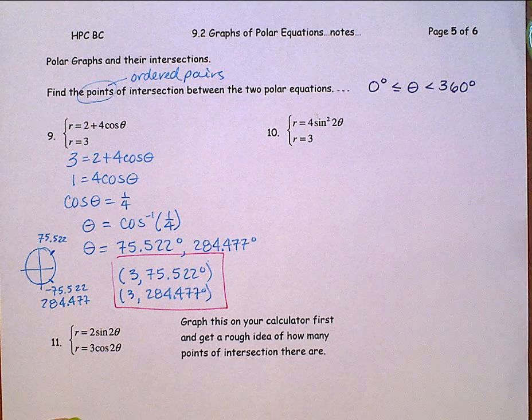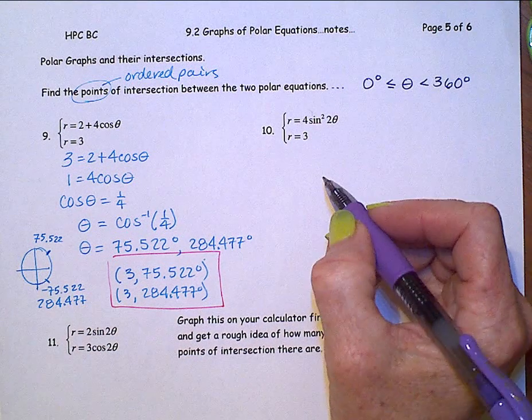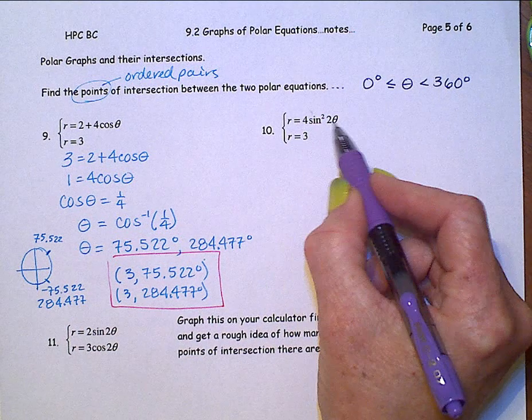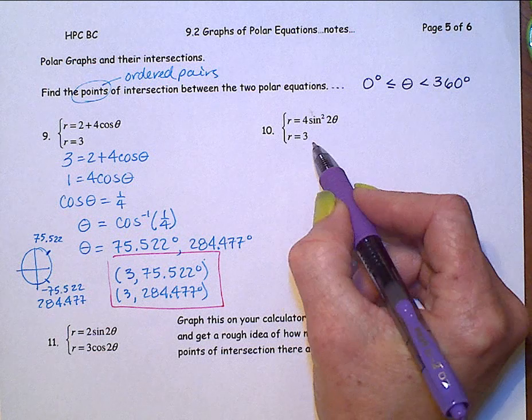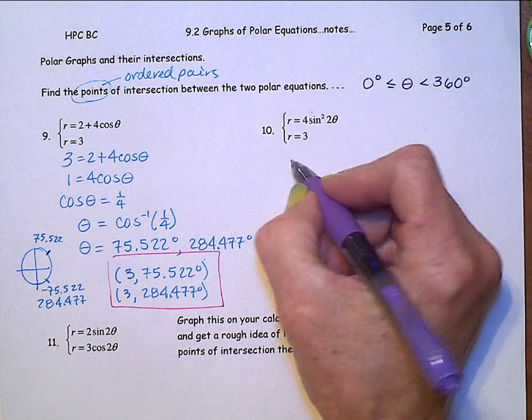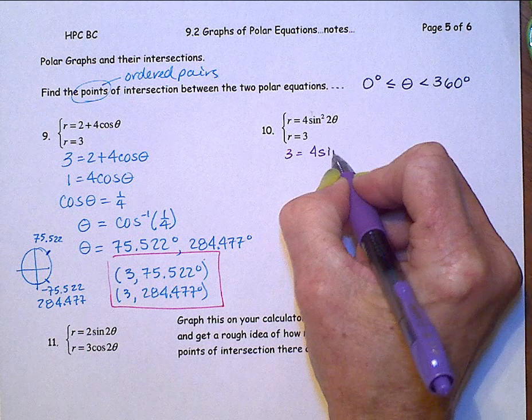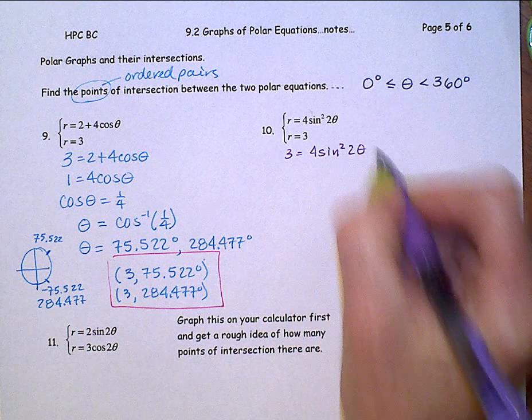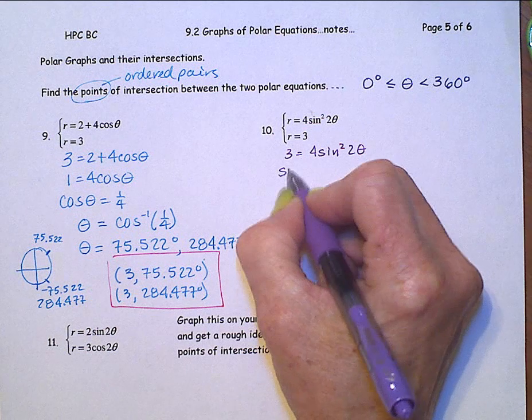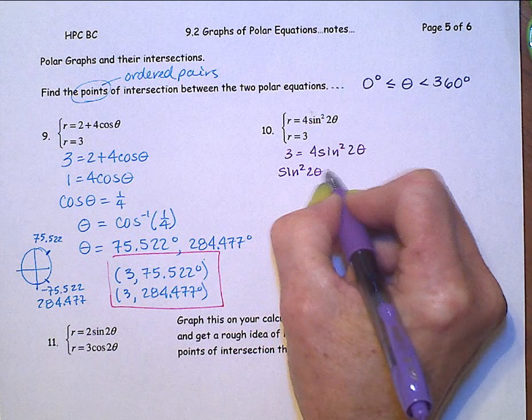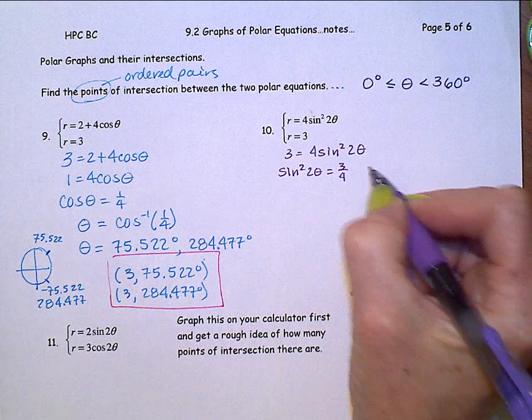Looking at this next problem, r equals 4 sine squared 2 theta and r equals 3. Again, we'll set these equal to each other. 3 equals 4 sine squared 2 theta. Divide out the 4. Square root both sides.